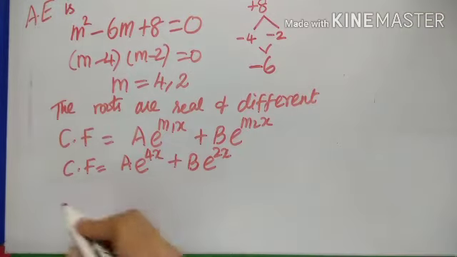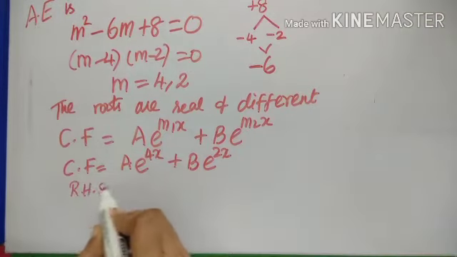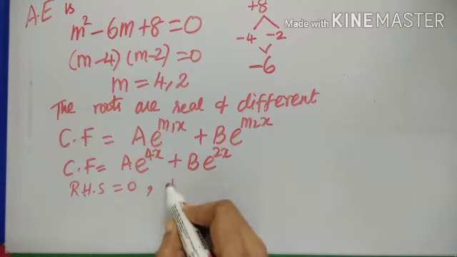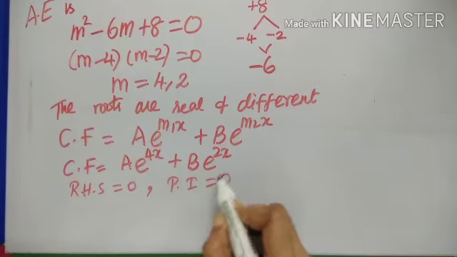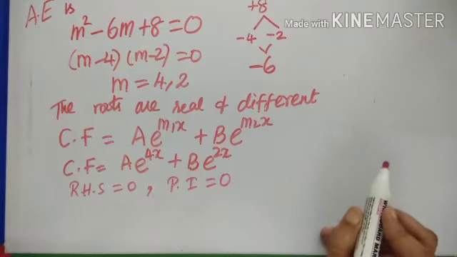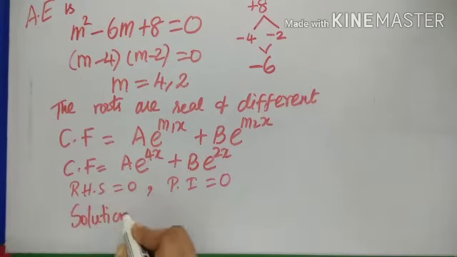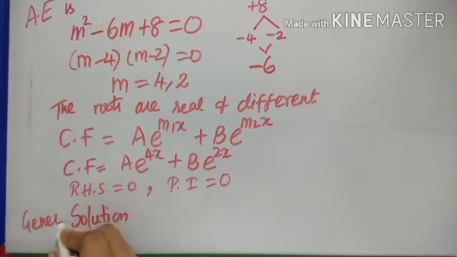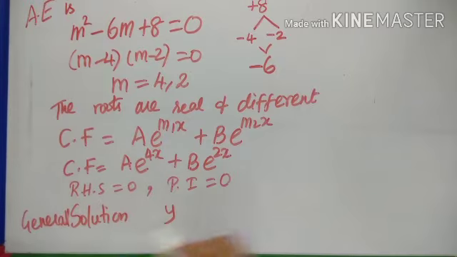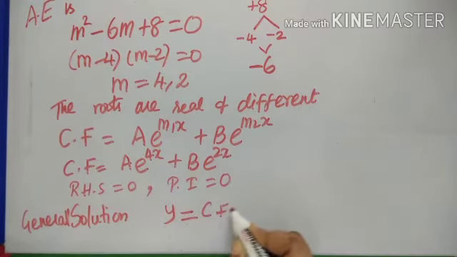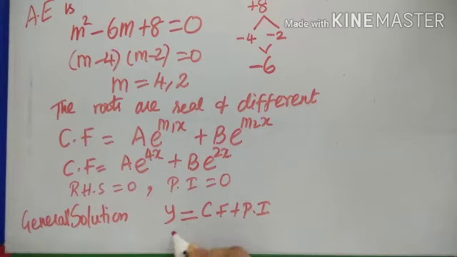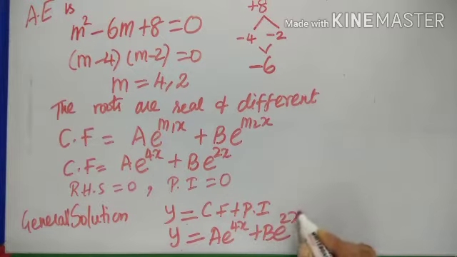Since the RHS is 0, the particular integral, that is a solution for the RHS, is also 0. So I will write the general solution, or the complete solution, as y equals CF plus PI. CF is a e power 4x plus b e power 2x.